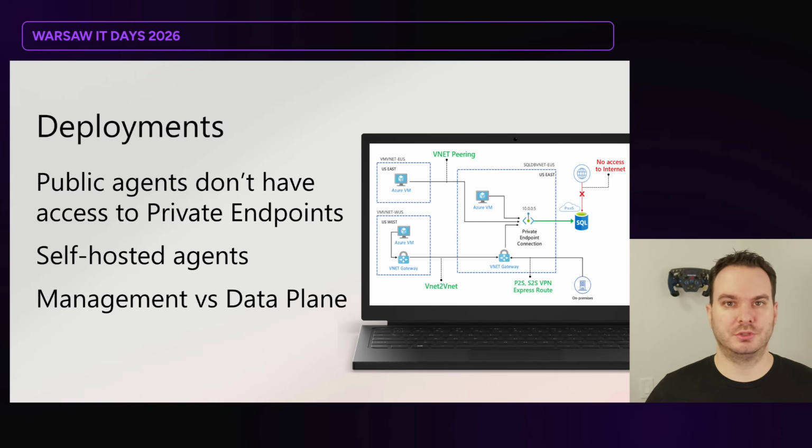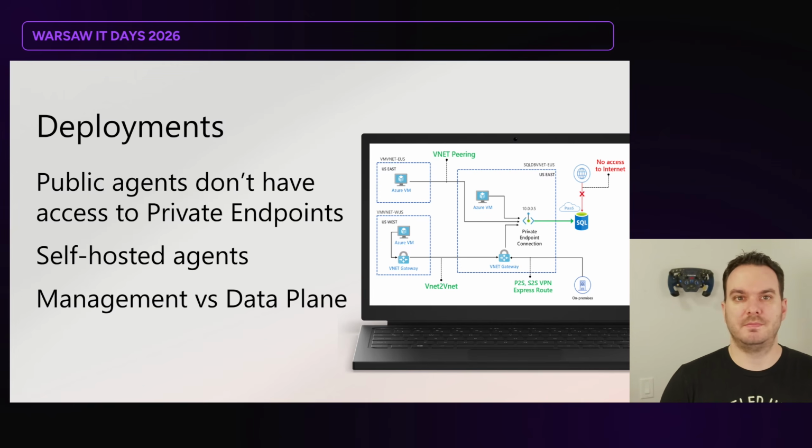Before we do this, I also want to mention the difference between the management plane and the data plane, because this leads to quite some confusion. That's the way how Azure is architected behind the scenes. So I have the management plane. This is how I can create resources. For example, create a Key Vault, create a VM. This is done with the management plane. So behind the scenes, we have ARM, the Azure Resource Manager, and it's just an API call, and I can create these resources.